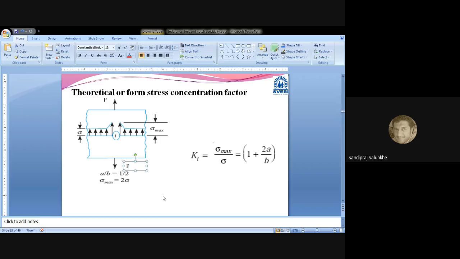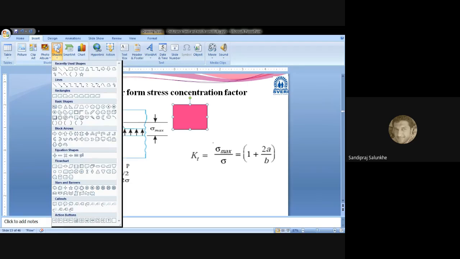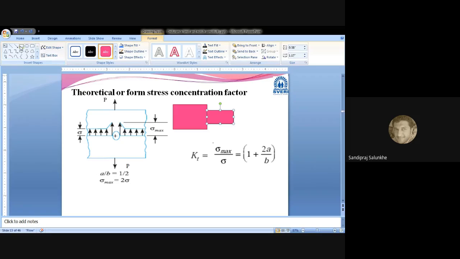Suppose this is a component and we have made a step on it. When we calculate stress at this area or this radius, we consider this cross-sectional area, and to calculate the stress at this point, we consider this other cross-sectional area.